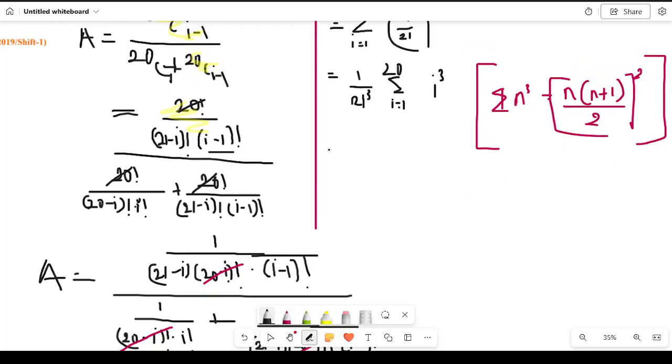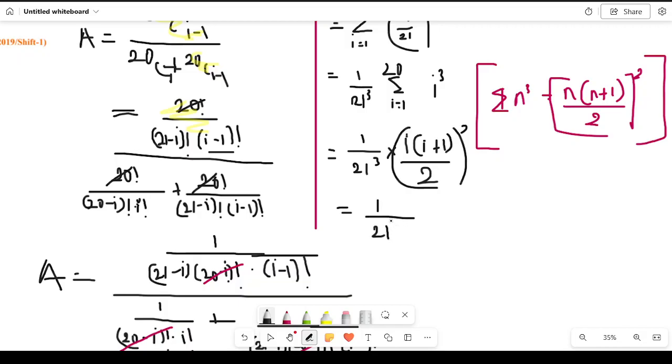So this is 1 upon 21 cube times (i times (i plus 1) upon 2) whole square. There are 20 terms, from 1 to 20. So substituting n as 20, 20 times 21 upon 2, it becomes 20 square times 21 square upon 2 square.